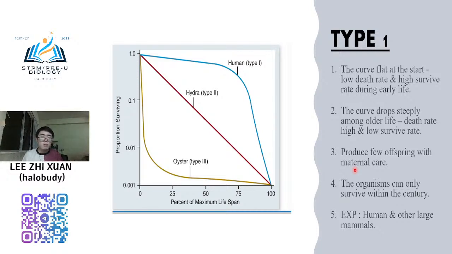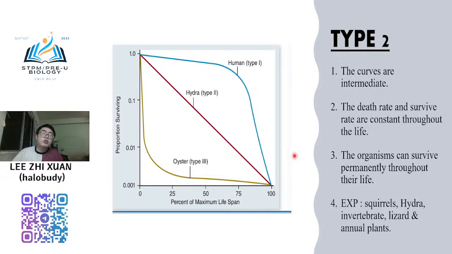Some of them may reach 100, but 100 is already a very rare case. But because of technology nowadays, the human lifespan is very high compared to older generations. Still, humans normally live within a century. Examples are humans and also large mammals, like tiger, elephant, cow, all these organisms. Dog and cat are also examples. Okay, so this is type 1.